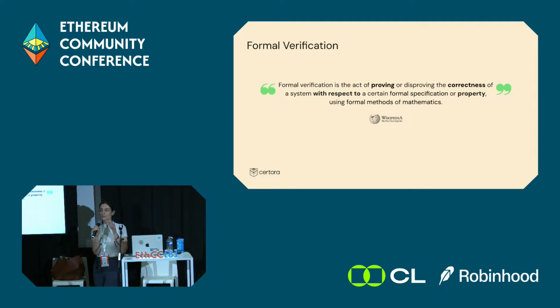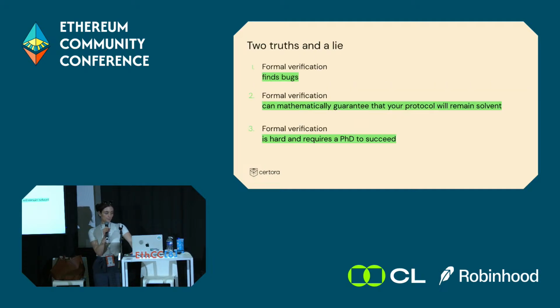There are some inherent specifications and assumptions that you make about your code. Now we can formalize them, and we can use mathematical tools to actually show that the way you wrote your code satisfies these properties. And that is exactly what we want to do at Certora with the Certora Prover.